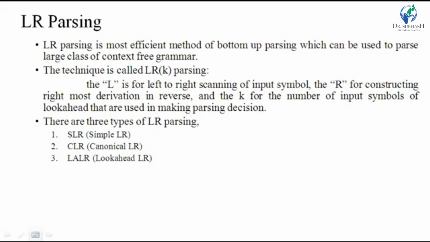So mainly three types of LR parsing: simple LR, which is known as SLR, canonical LR, which is known as CLR, and LALR, which is known as lookahead LR. SLR is also known as LR0. CLR is also known as LR1.